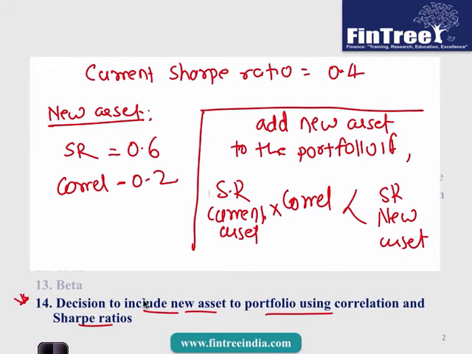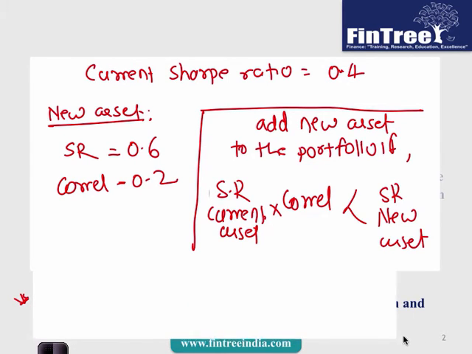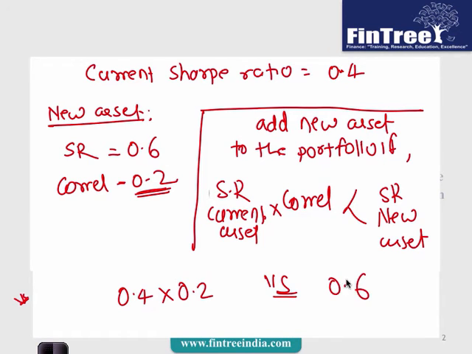Okay, so in this particular example, the Sharpe ratio of current asset is given to us as 0.4 multiplied with the correlation of the existing asset with the new asset, which is given as 0.2. This we have to compare with the Sharpe ratio of new asset, which is given as 0.6.